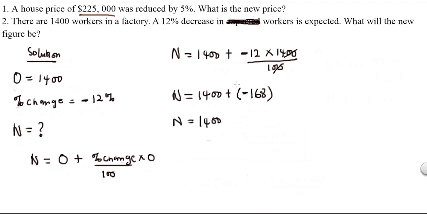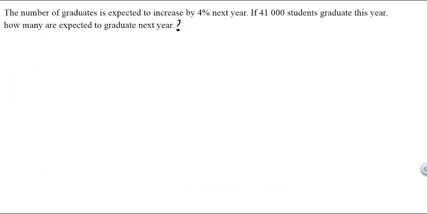The negative sign multiplies the positive sign here, so this will be minus 168. So the new figure of workers is 1,400 minus 168, which is equal to 1,232 workers. So when there's a 12% decrease, we will have 1,232 workers. Now let's look at one final example.